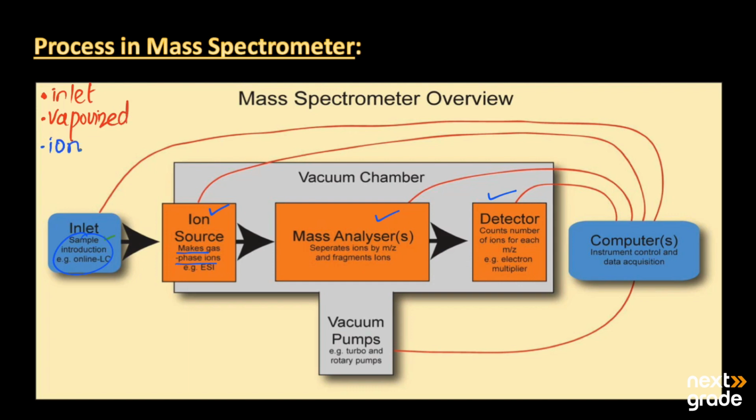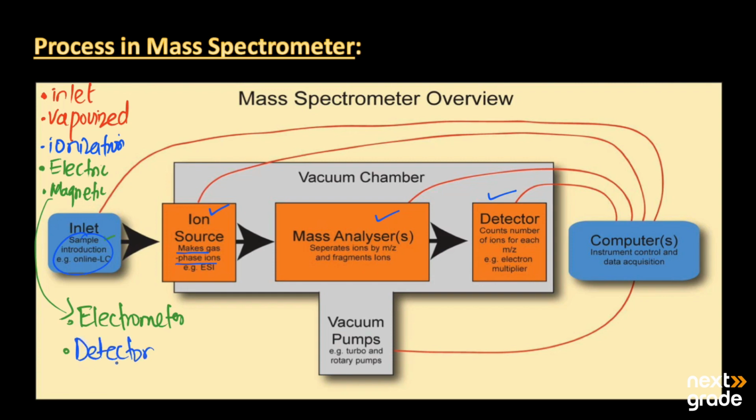After that, ionization, then we apply the electric field, then the magnetic field, then the electrometer to measure the current, and lastly the detector, and then a graph is plotted.